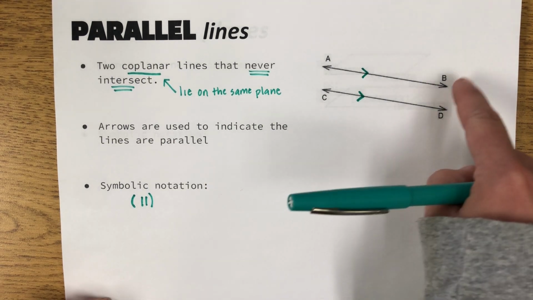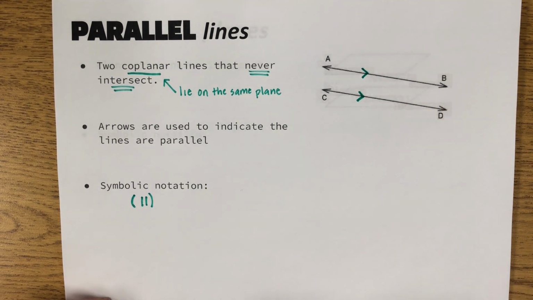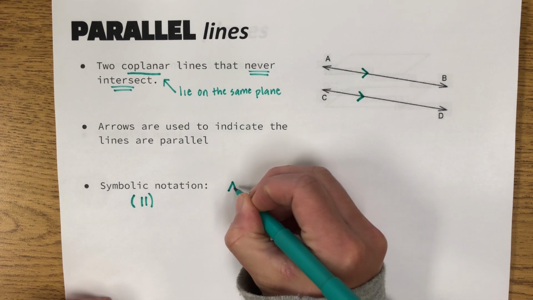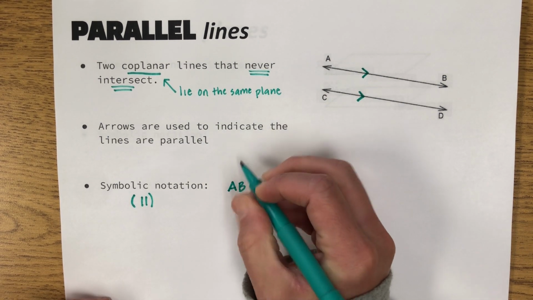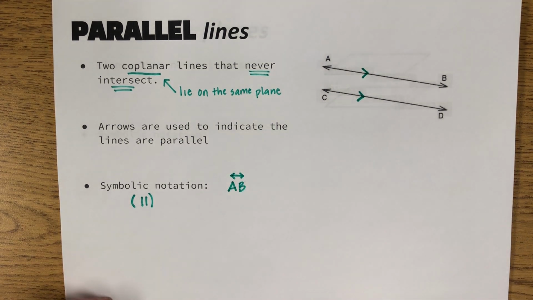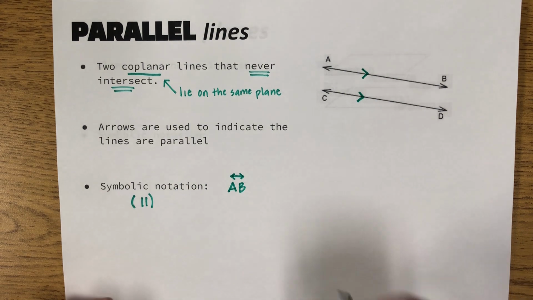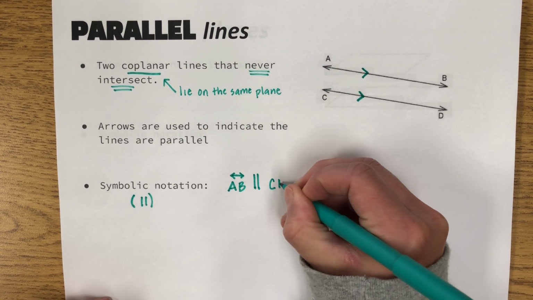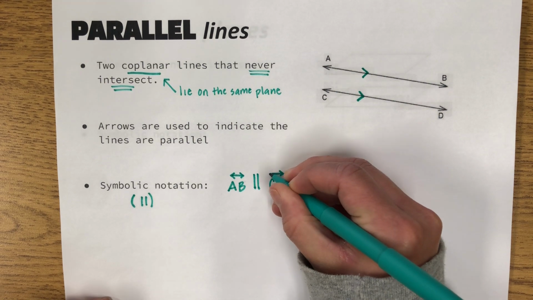So if we have line AB and line CD and we want to say that they're parallel, we write line AB, and remember, line AB always has the arrow above it, is parallel to line CD.